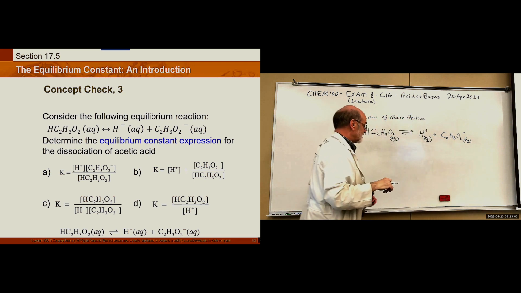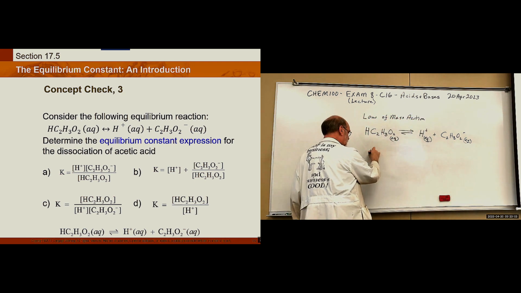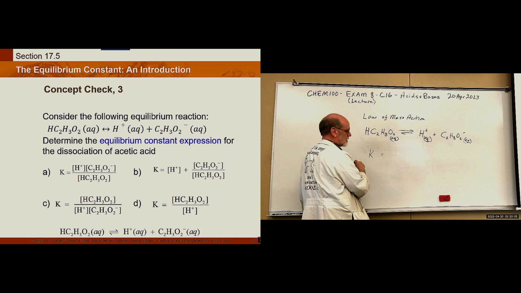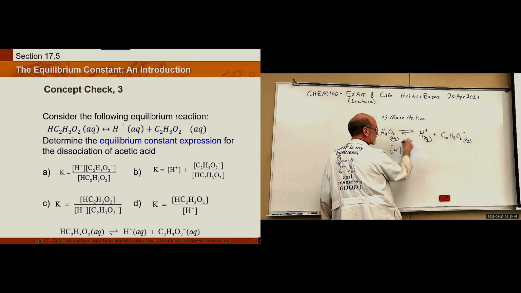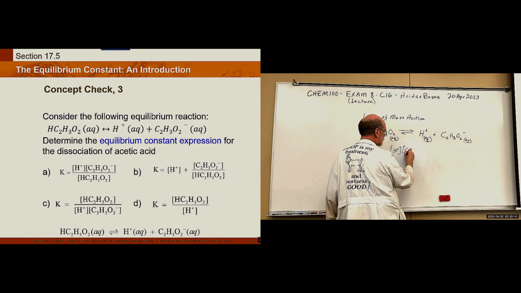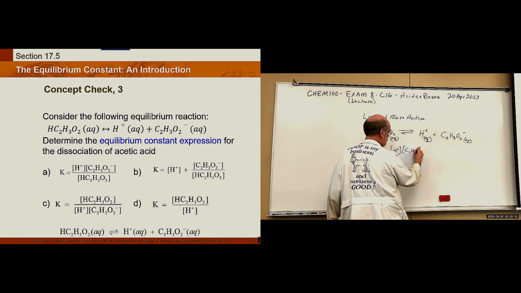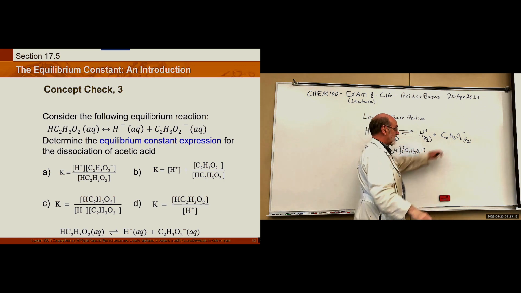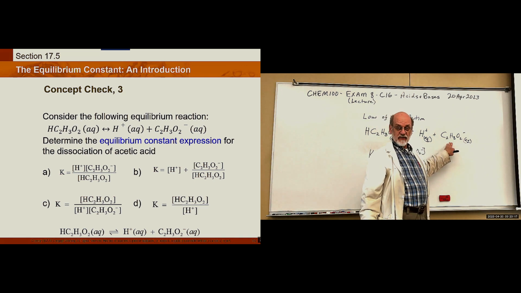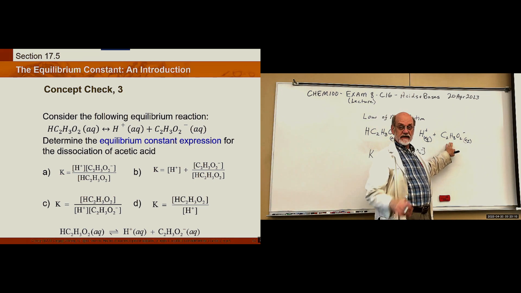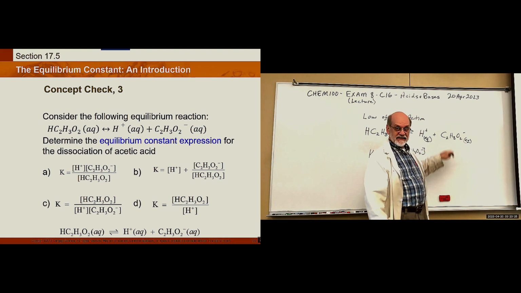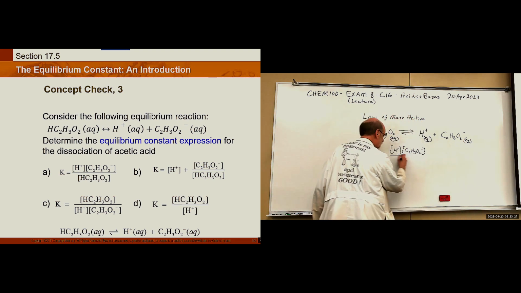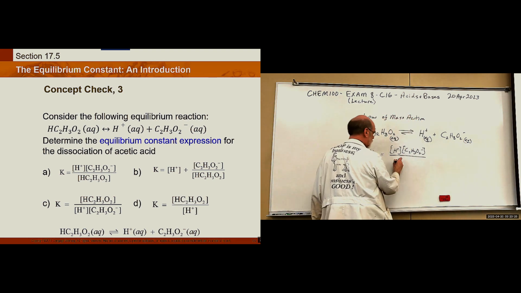So we can write an expression here for their equilibrium. We would put the concentration of hydrogen ions, concentration of, right? That's the acetate polyatomic ion. You'll find it in that list that I gave you earlier when we were naming these compounds. That's the acetate. And then in the denominator, we have the reactants.